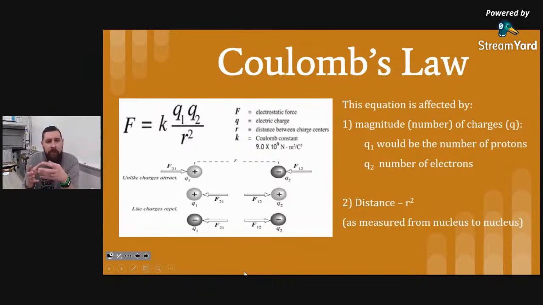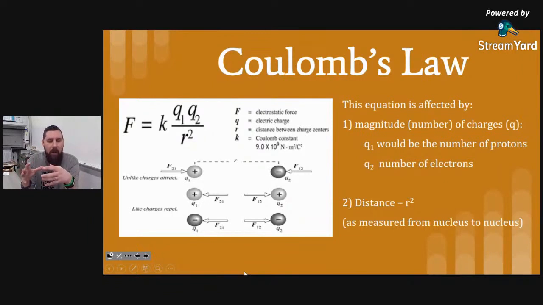And then R squared, that is the radius between the centers of charge. We measure this from the center of a nucleus to the center of another nucleus if we're talking about attractive or repulsive forces between atoms, or we can measure it from the center of the nucleus to where the electron is going to be.